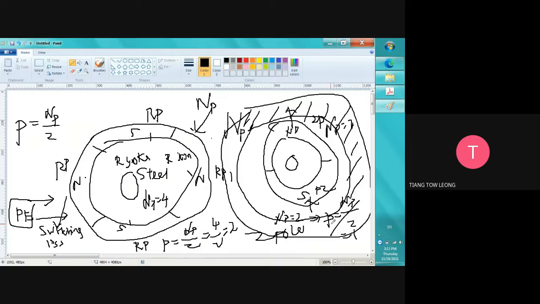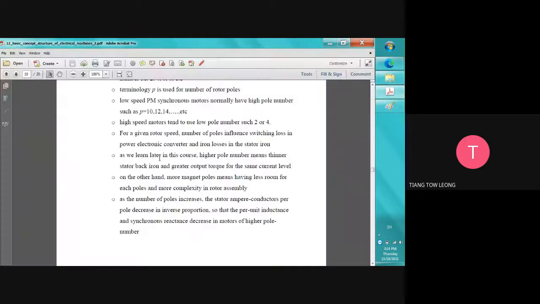Let's say this is the stator area. The width will be bigger than this one, because we say it's thinner, right? So with a higher pole number, the back iron will be thinner.